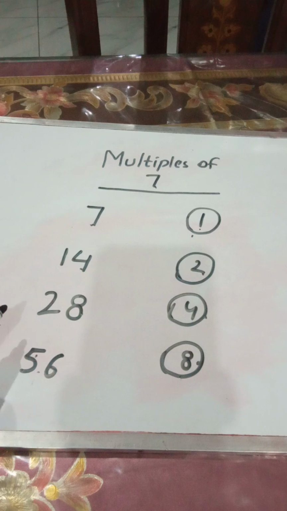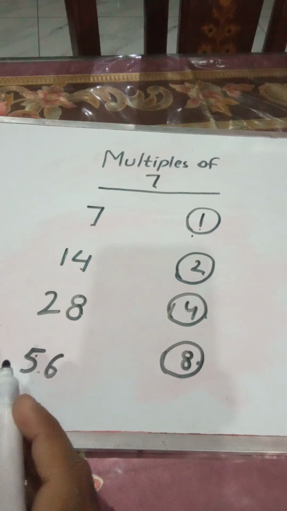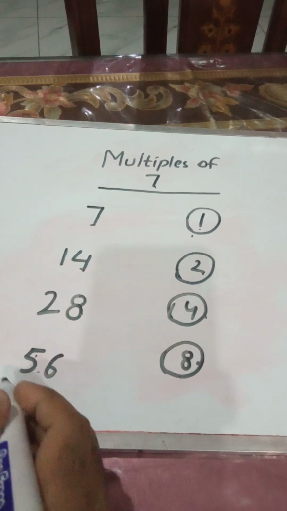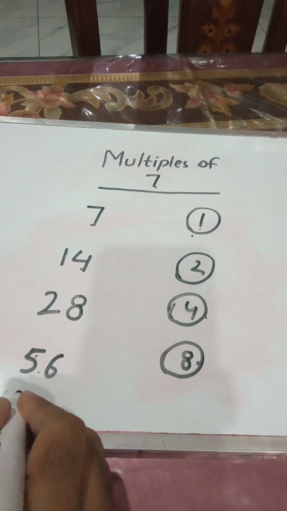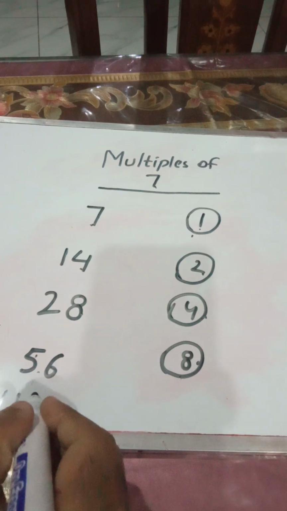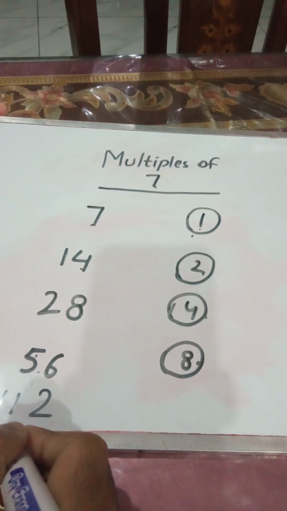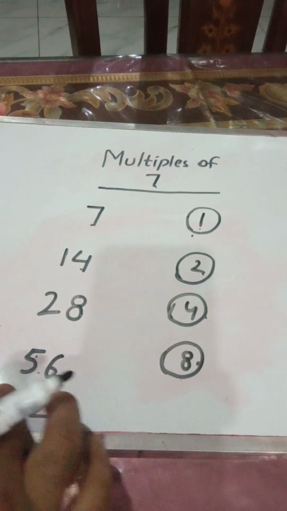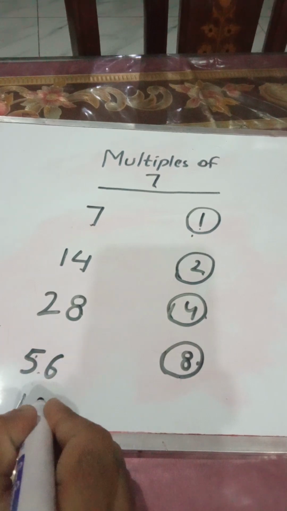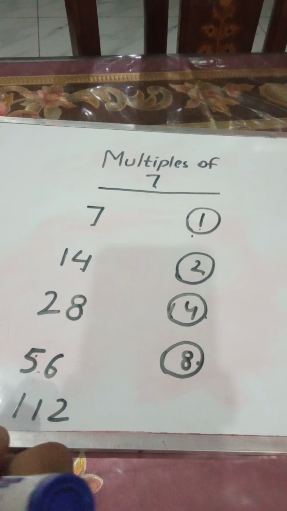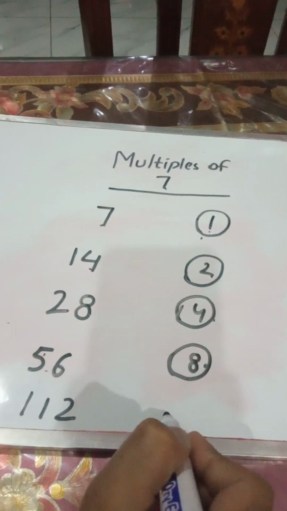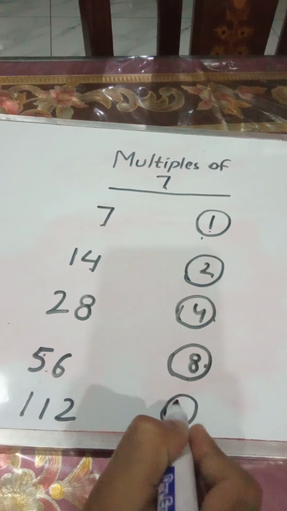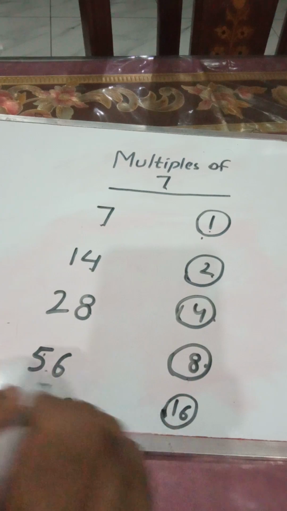Now the double of 56 is 112, and the double of 8 is 16.